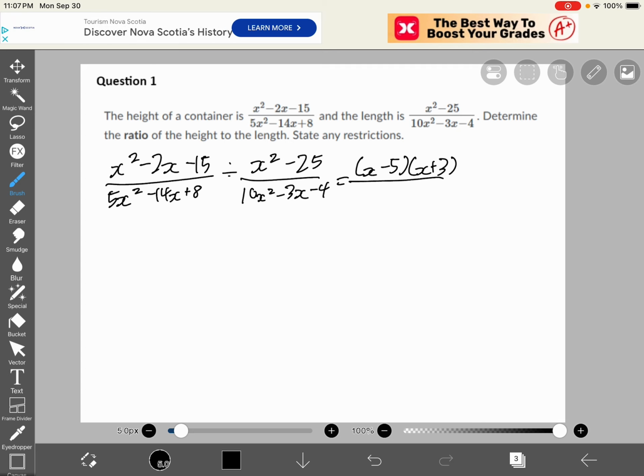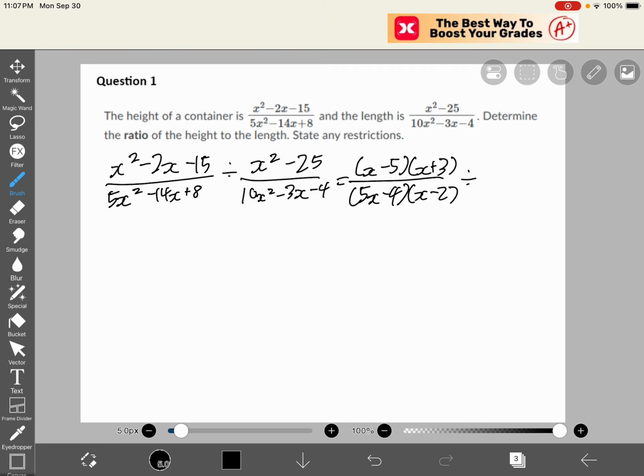And then the one in the denominator, it's 5x minus 4 and x minus 2, because 5x squared, 5x minus 10x, minus 10x minus 4x equals minus 14x. Then minus 4 times minus 2 equals plus 8.